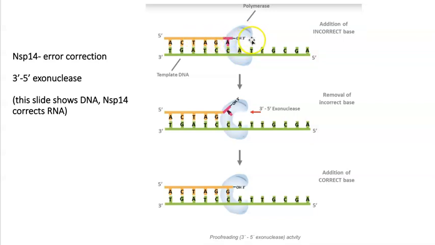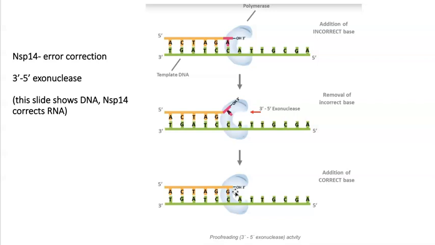So rather than just reading through and leaving these mistakes behind, this 3' to 5' exonuclease activity allows the polymerase to move backwards and cut that out and then replace the base with the correct one. By doing this, the virus minimizes the likelihood of building up detrimental mutations that would result in that particular lineage going extinct.